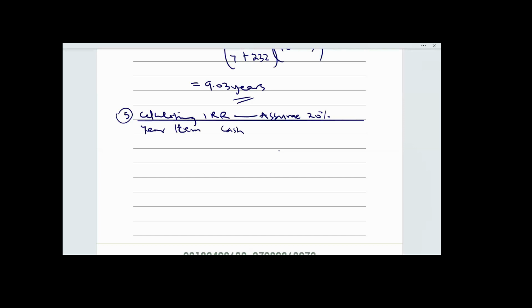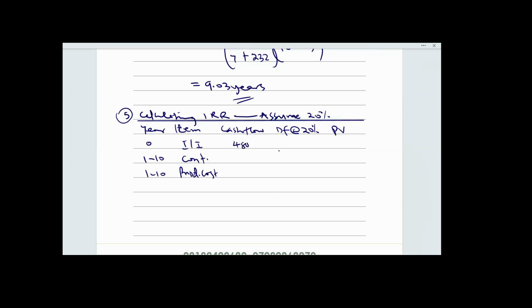Cash flow, discount factor at 20%, then present value. Year 0, 1 to 10. Initial investments, contribution, then production cost.